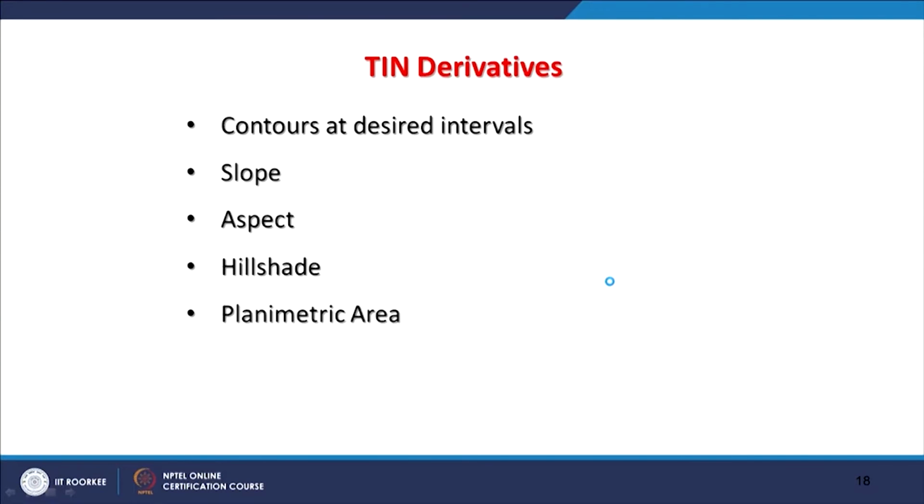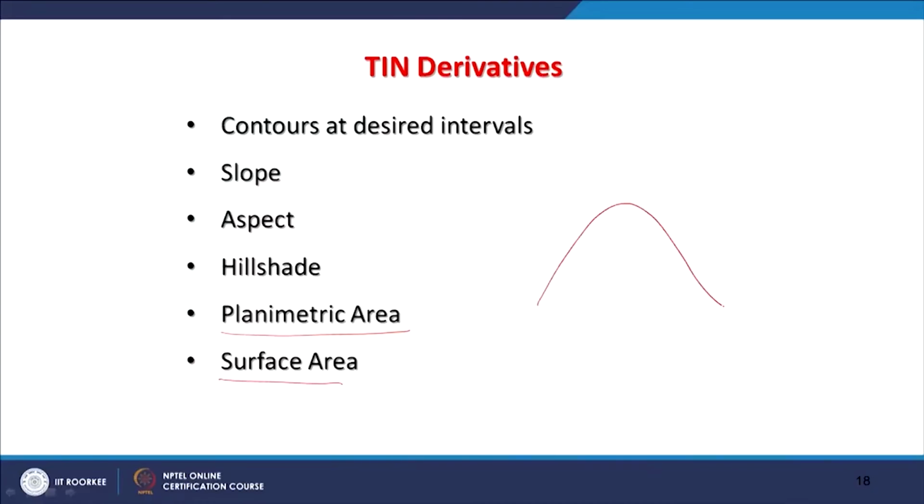And planimetric area is very important while calculating area in the case of terrain. There are 2 types of areas: one is planimetric area and the other is surface area. Surface area for a hilly terrain is always more than planimetric area, because surface area is measured along the slope, whereas planimetric area is measured only in the 2D plane.